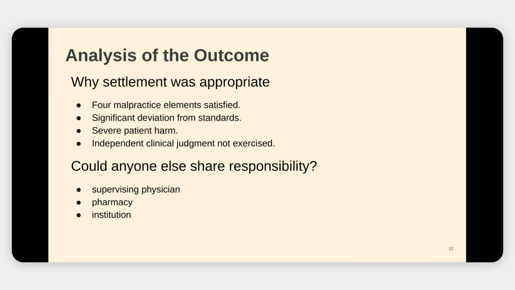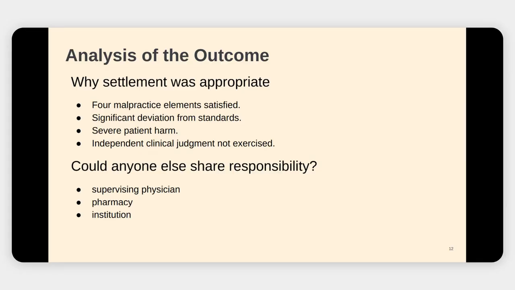I agree with the legal outcome of this case because all four elements of malpractice were clearly established and the evidence demonstrated a significant deviation from accepted standards of care. However, I also believe this case reflects failure at multiple levels rather than the actions of one provider alone.